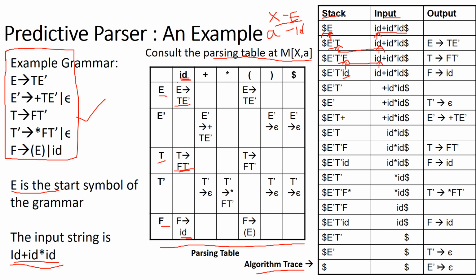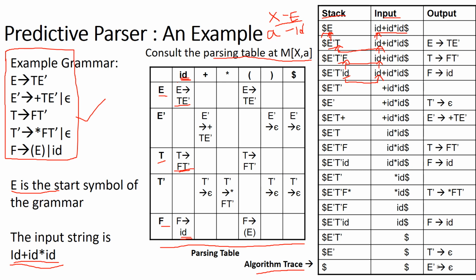Now the top of the stack is id and the current input symbol under consideration is still id. Now the parsing procedure compares the top of the stack with the current input symbol, and we find that a match occurs.